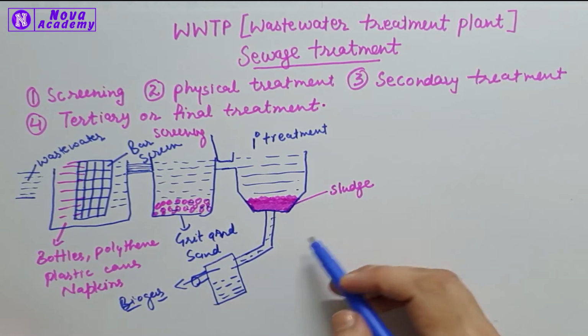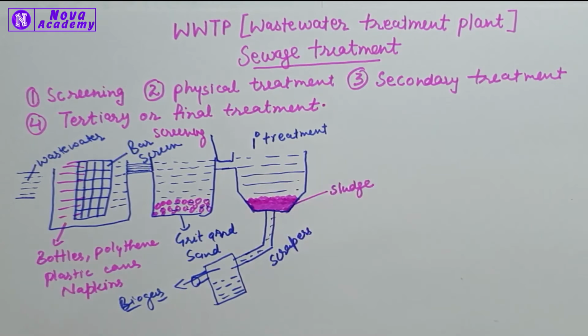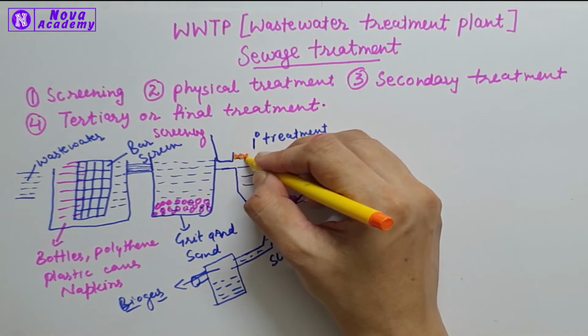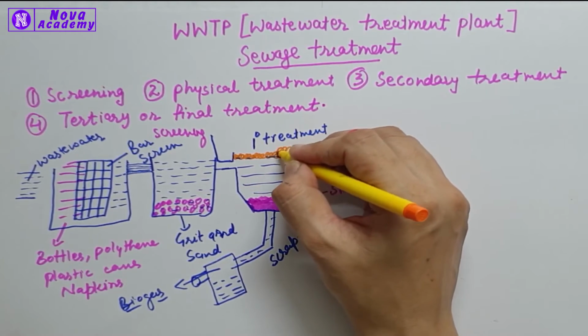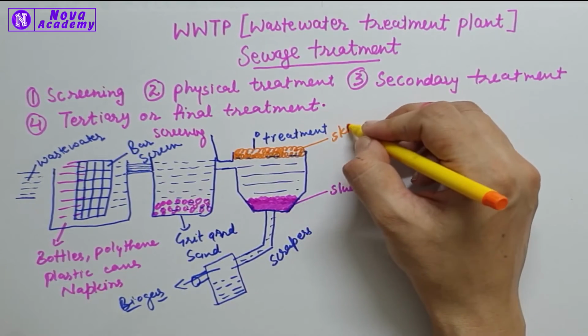So sludge is removed by the scrapers. And one more thing, a few oils and grease which are present in the sewage float on this water, which are removed by the skimmer.